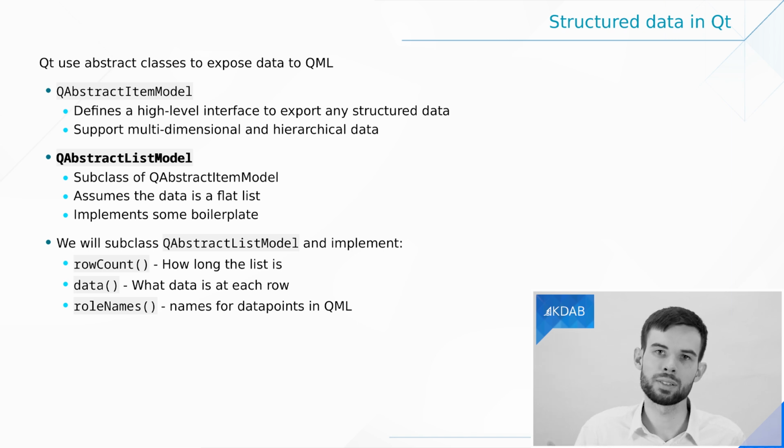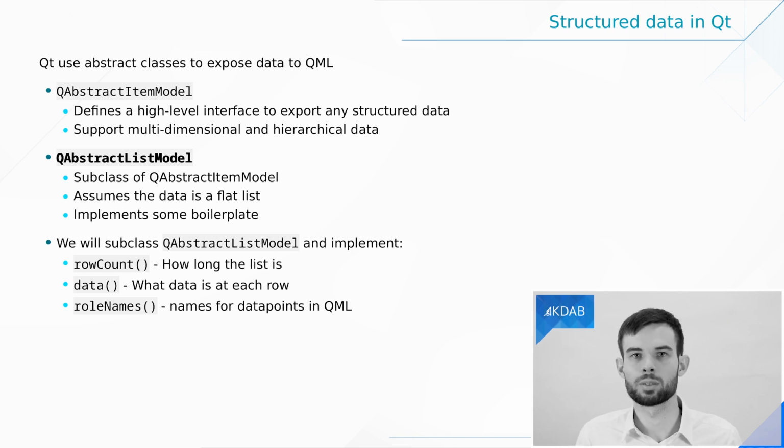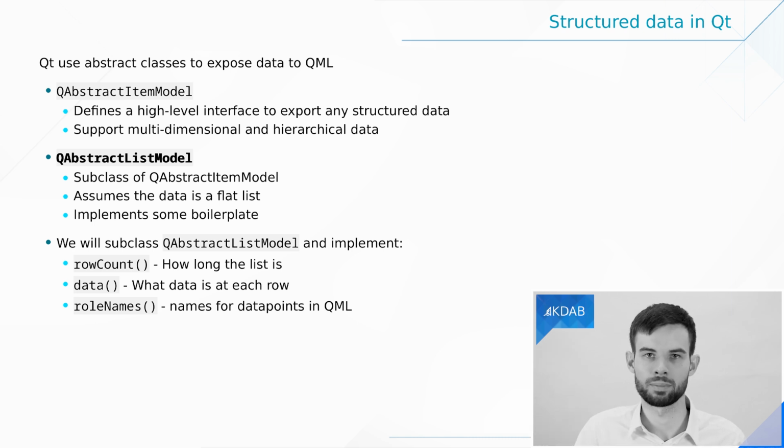In the case of a list, we let Qt know how long our list is, and Qt will then, for each individual item, ask for the value in each row through the data function. For better QML compatibility, we will also define roles, which let us return multiple values per data point. In our case, this is first the name of the to-do, and second, whether it's already done. Now, with the plan that we have, let's get to coding.